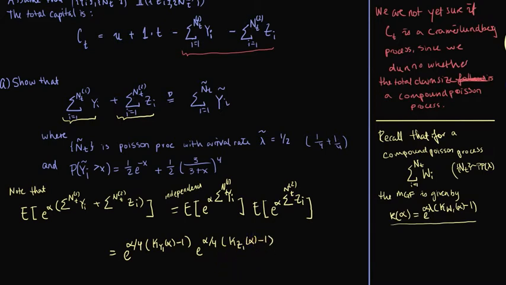So what we want to do is manipulate this expression in such a way that we end up with a new expression that resembles a moment generating function for another compound process.